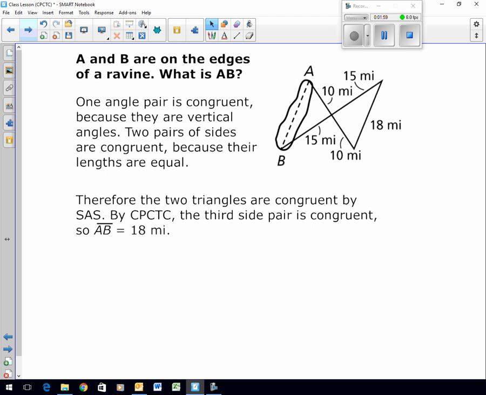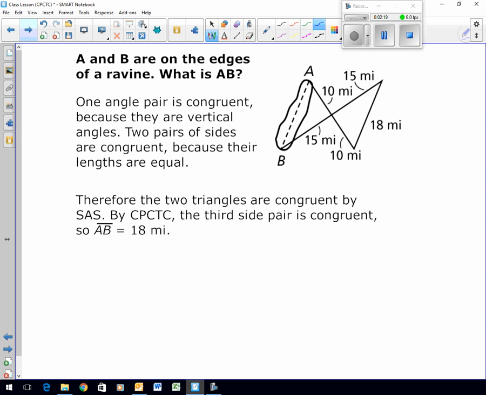Here's an example of how we would use this. It says A and B are on the edges of a ravine. Let's make it real life-ish. One angle pair is congruent because they are vertical angles.